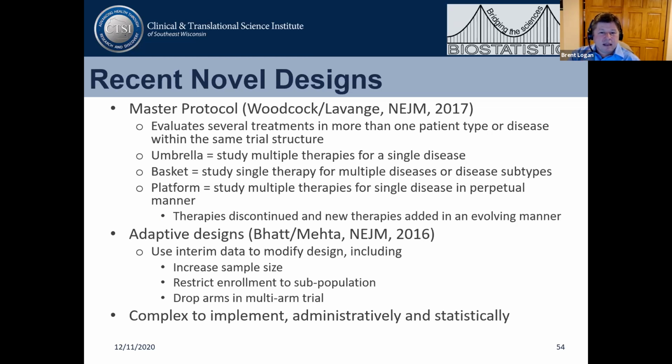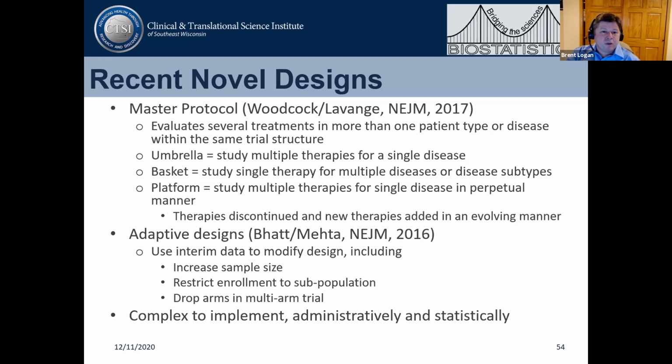And that feature may be present in multiple diseases. So you may have a basket protocol to look at the treatment effect across these diseases in terms of targeting that particular biomarker. And then a platform trial is kind of a combination of those. It can study multiple therapies for a single disease.